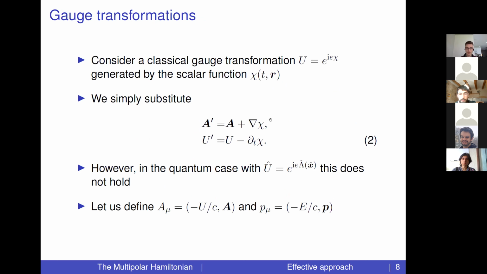But in the quantum case, if we have a unitary transformation that is generated by the generator capital Lambda, this does not hold in general. And to see precisely what the quantum analogy is, let us define in covariant form the 4 vector potential, the 4 momentum, where we sort the scalar and the vector potential in there, and also a similar construction for momentum.